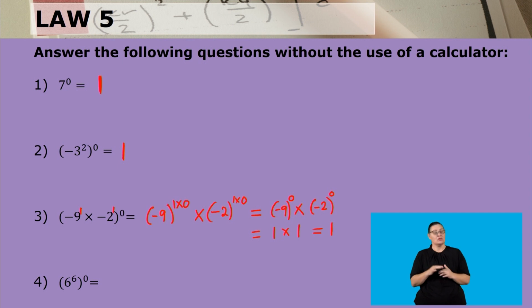So we could have just said this whole product is raised to exponent 0 and our answer is 1, but just to prove that this is true, we can see that we still maintain the answer of that 1. Then that next one there, we have 6 exponent 6. This is raised to the exponent 0, of course, because everything is raised to the exponent 0, we know that our answer there will be a 1.